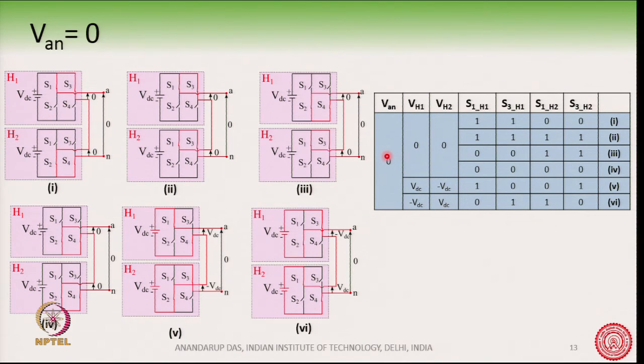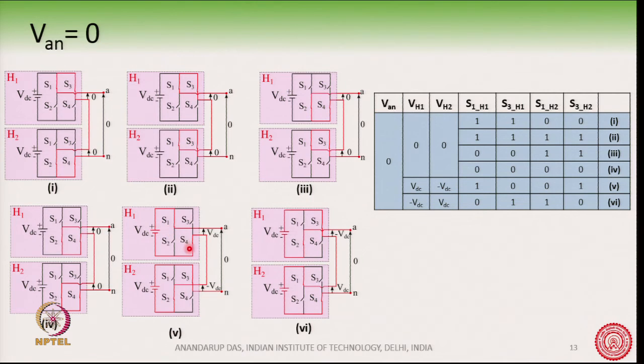So, now if we see this combination, where VH1 is VDC and VH2 is minus VDC, we have only one multiplicity, that is this 1001, which I think is this figure here.